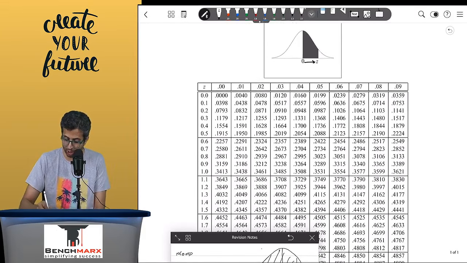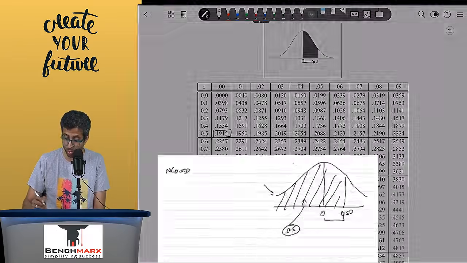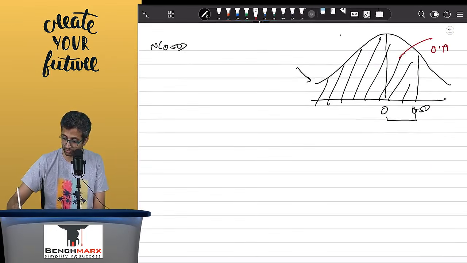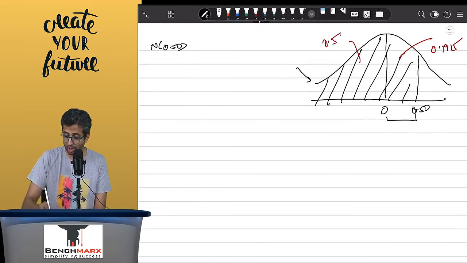Looking at 0.50, this value is 0.1915. This area is 0.5, so the total here will be 0.6915.